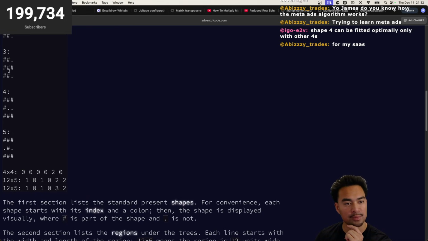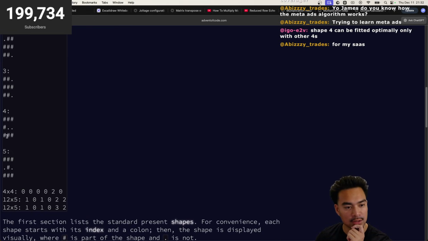No, shape 4 can be fitted with shape 3. Look, if you put 3 there. Shape 4 could be fitted with 5.